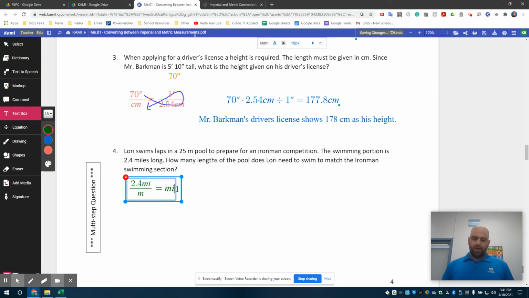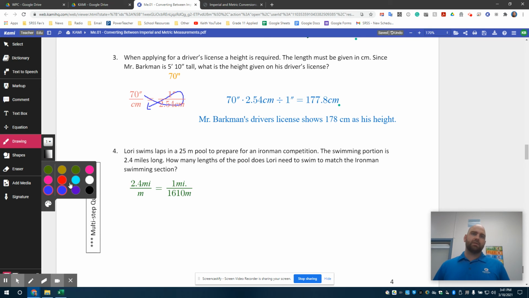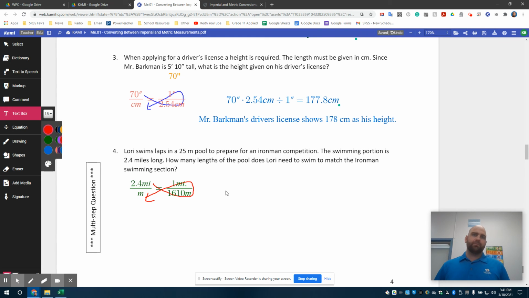Okay, so 1 mile is the same as 1,610 meters. Now, I don't necessarily give you that on your page, but you can use that as in your memory bank there. All right, I'm just trying to make this go a little bit quicker.